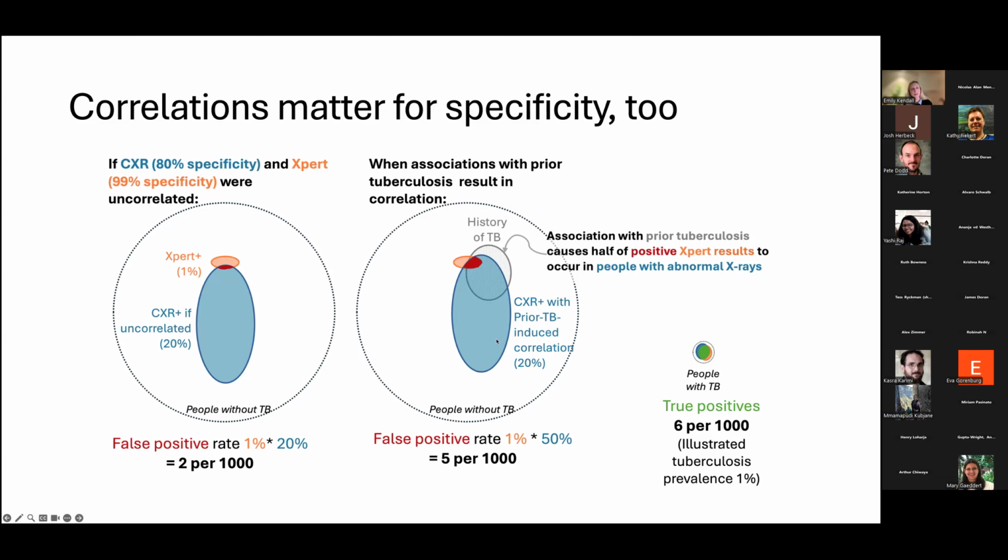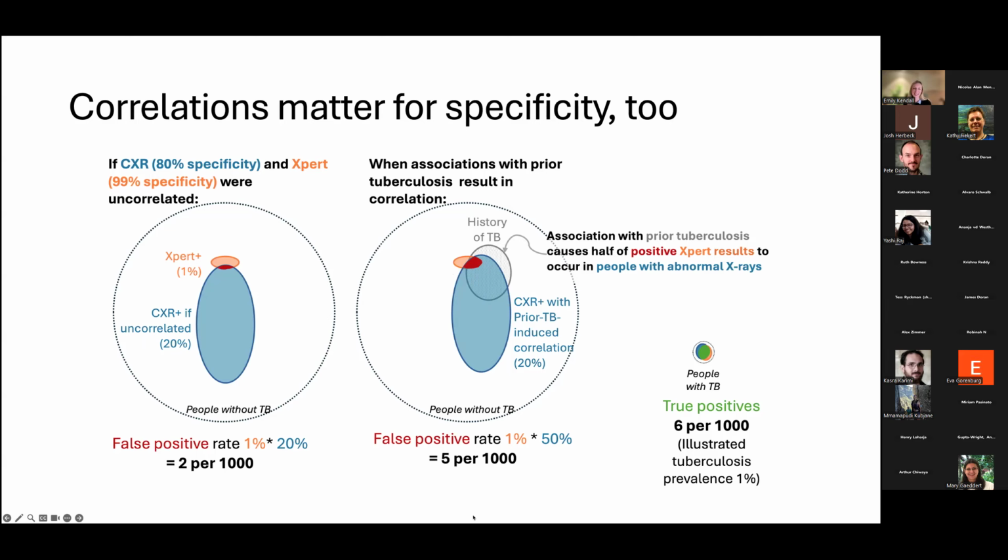So suppose that this association of prior TB with both positive Xpert results and abnormal chest X-rays induces some correlation, where half of the positive Xpert results are among the people who also have abnormal chest X-rays. That'll increase your false positive rate a lot.